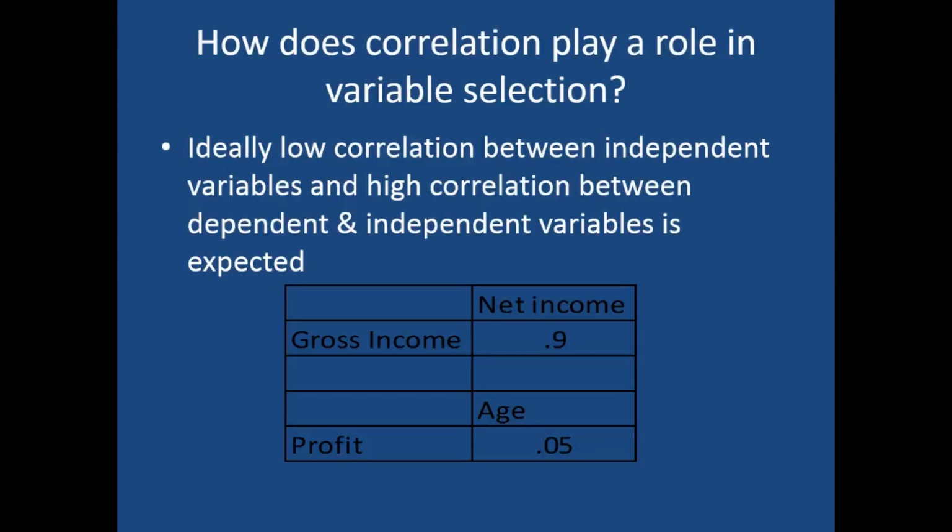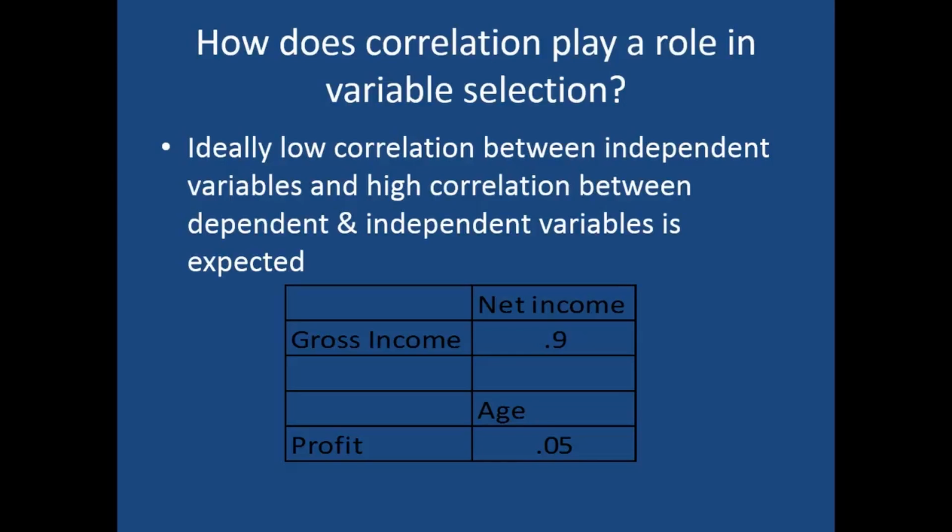The next example is a real correlation between dependent variable and independent variable. So profit is our dependent variable and age is our independent variable. Now the correlation is 0.05. That's a very low correlation. That means profit of a company is actually not related to the age of the customer, right?